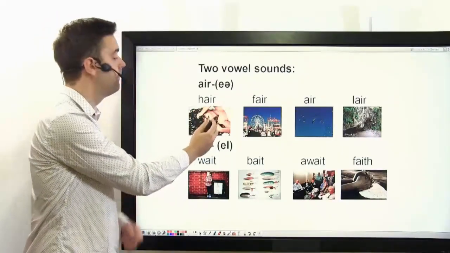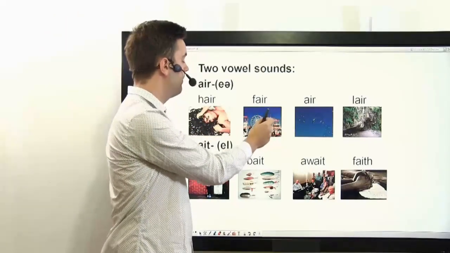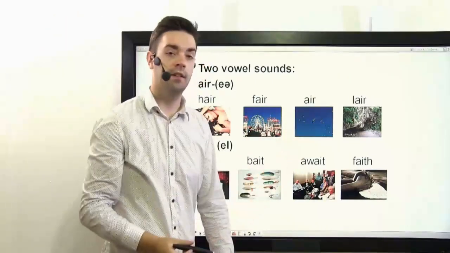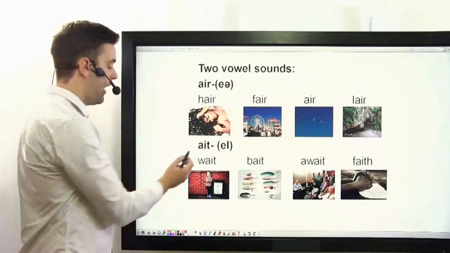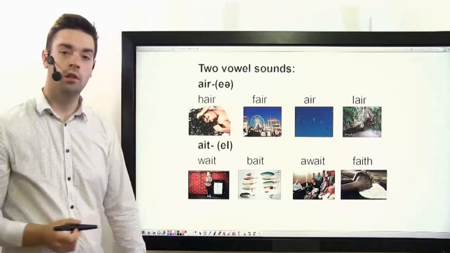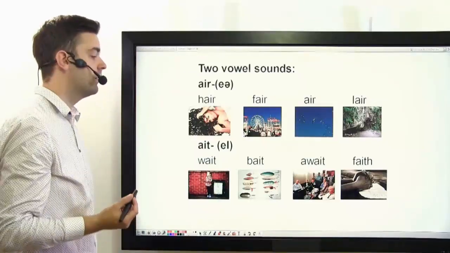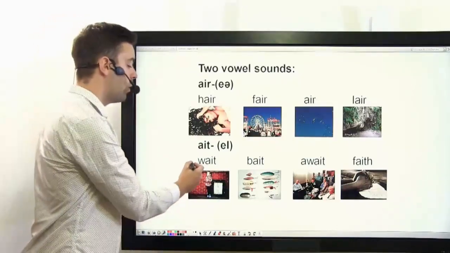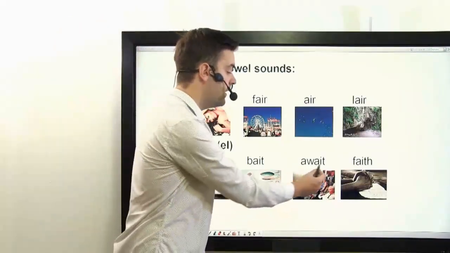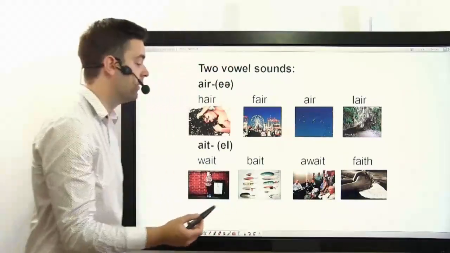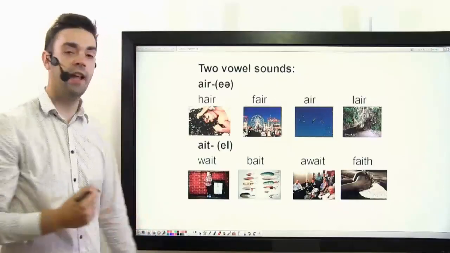So hair, fair, air, and lair. When we join A-I-T, you get an ay noise. So wait, bait, await, and faith. So it's an ay noise.